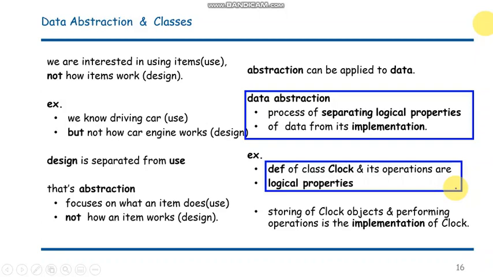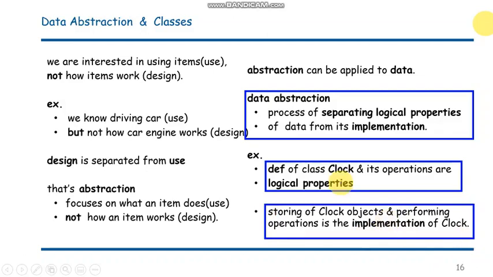But when it comes to creating and storing objects, and performing the operations on the object, where we were now setting the time, printing, retrieving values from the object clock, those details are the implementation details. That's where the concept of abstraction comes in, and it is an important concept.